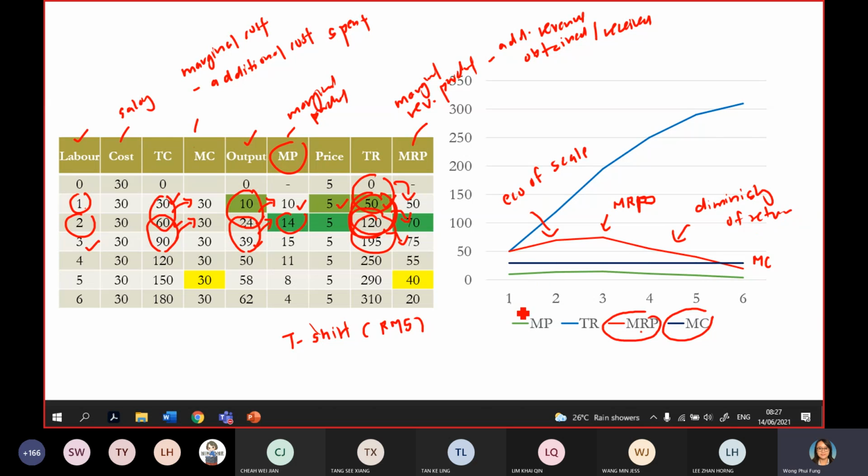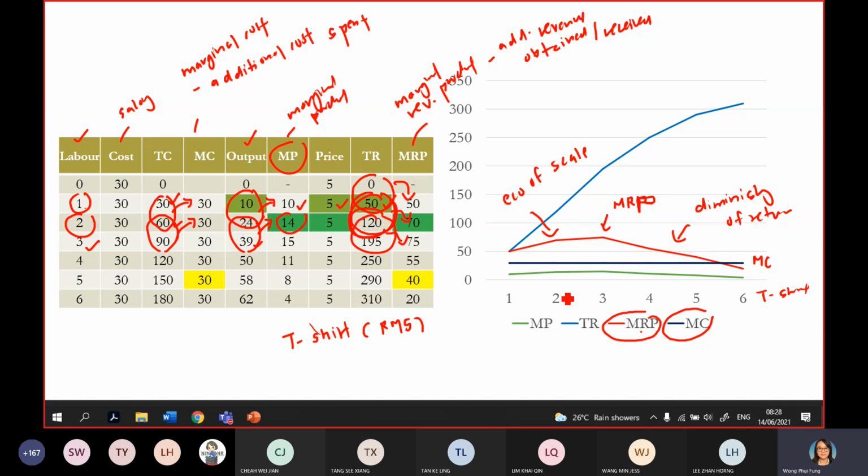Okay, so why, when we produce more t-shirts, at the beginning you can see the revenue start to increase? When we hire more and more labor, it's because of economies of scale, meaning cost saving when we increase the production. So we hire more labor, then they can cooperate, then they can produce the work more efficiently.